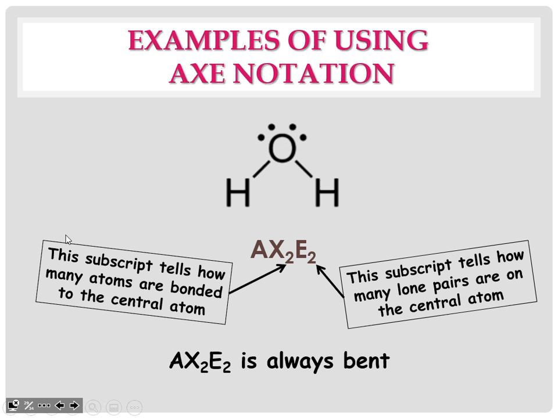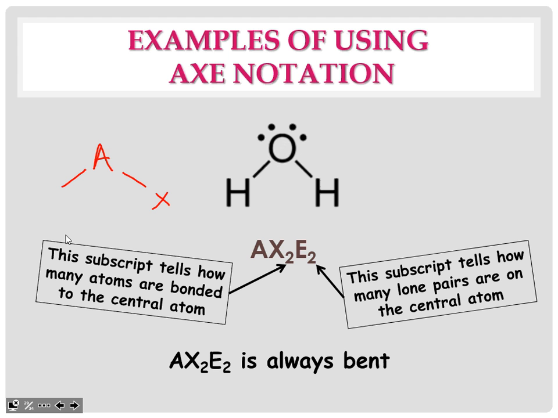Now remember, I told you that there were two different bent shapes. So I'm now going to go back and find the AX for the bent that has two unshared pair.